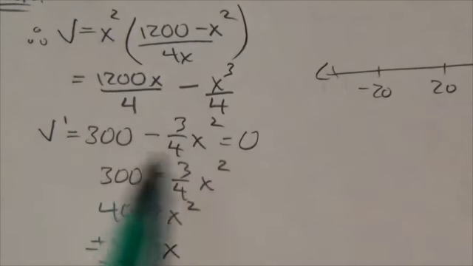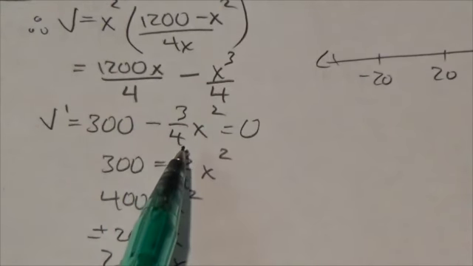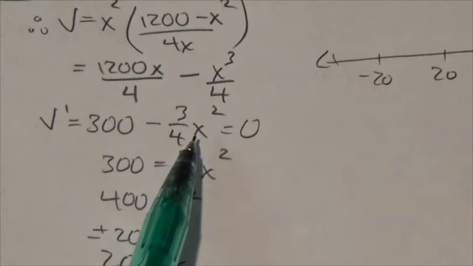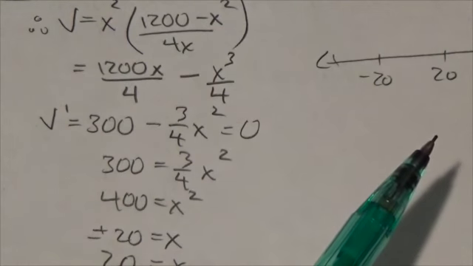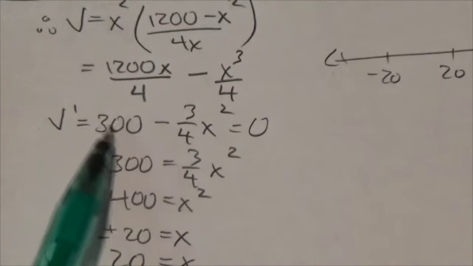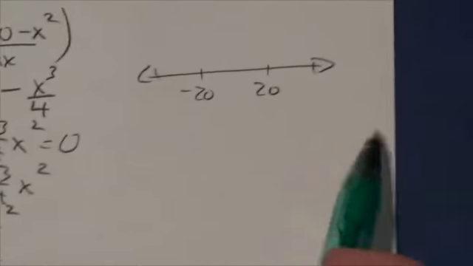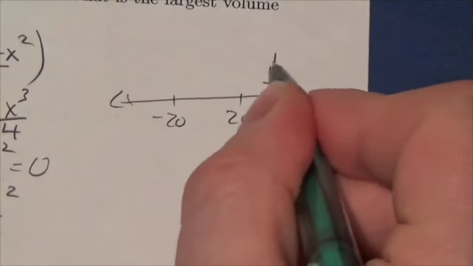If you take a number bigger than 20, let's make it 1,000, 1,000 squared is a million, and 3/4 of a million is definitely bigger than 300. So 300 minus that is negative. So if you pick a number bigger than 20, this is decreasing.